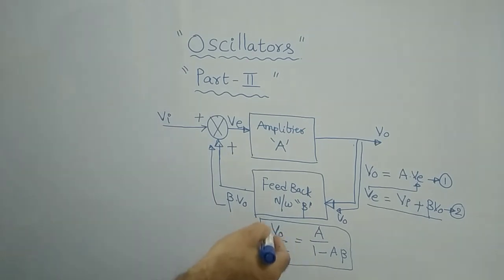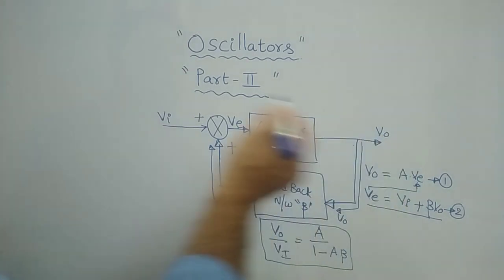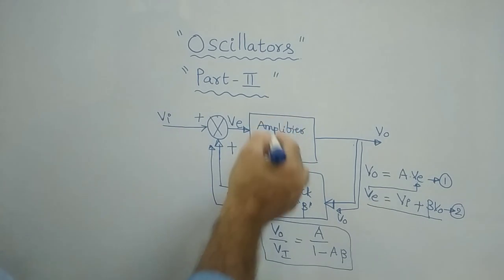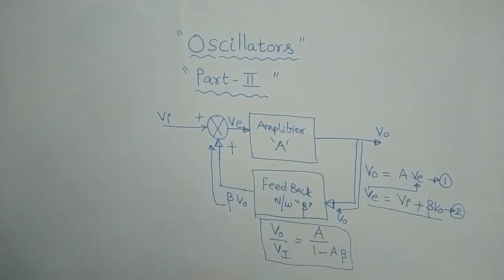So the ratio of output by input, V0 by VI, is equal to the gain A by 1 minus A into beta.